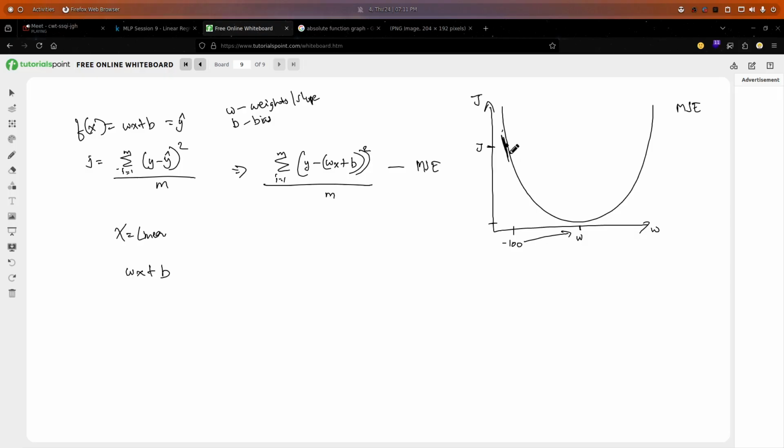Here you can see the slope will be negative, right? Because the slope is decreasing as the x-axis is increasing.